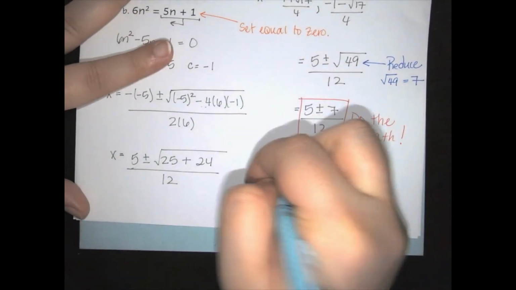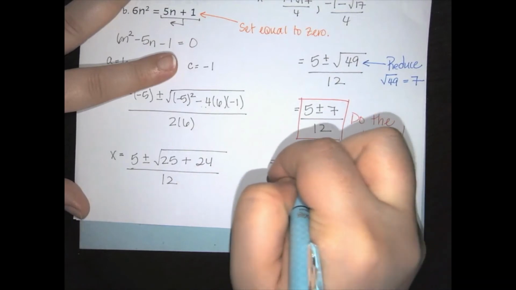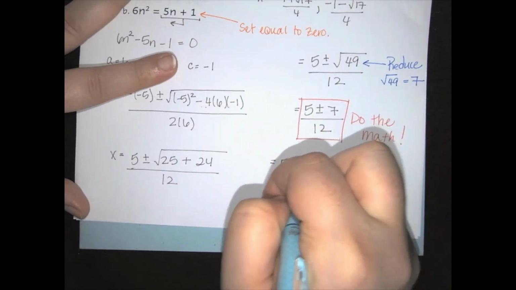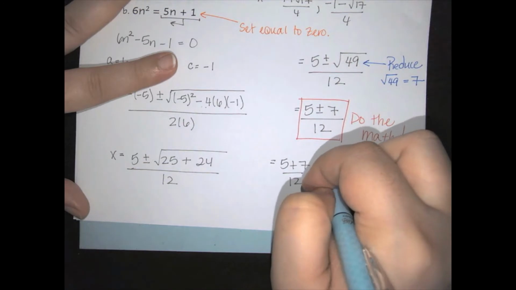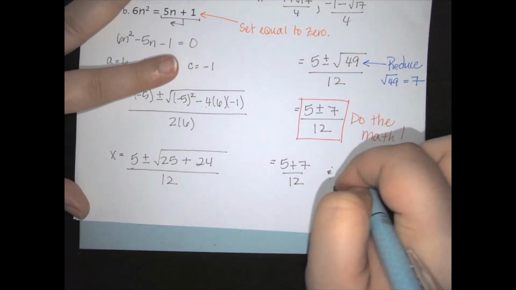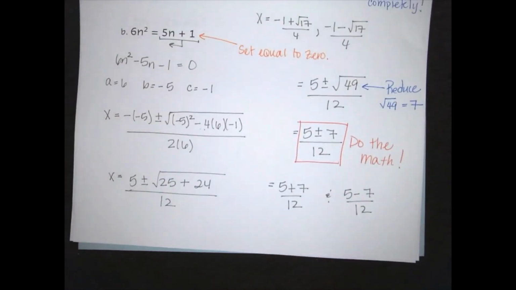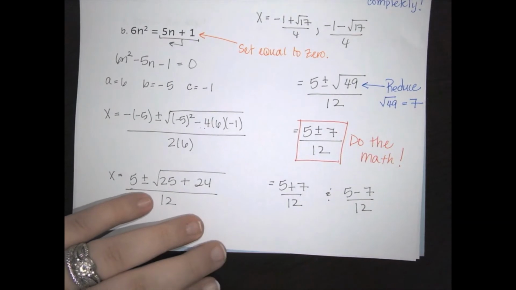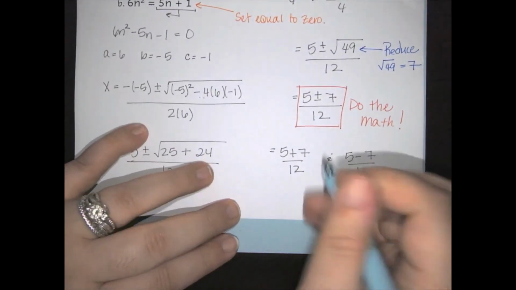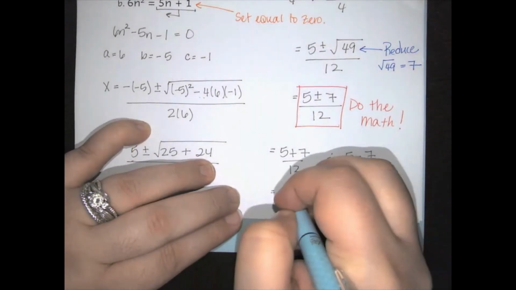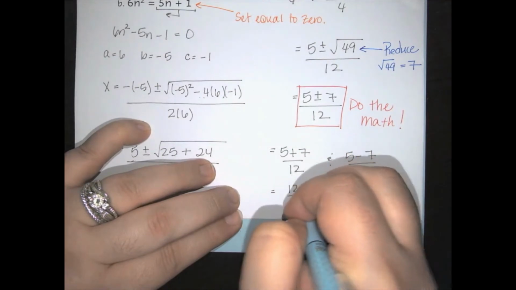So what that says is that we're going to have 5 plus 7 divided by 12 and 5 minus 7 divided by 12. So we have to actually do the math in both cases. So here we have that 5 plus 7 is 12, so this is going to be 12 over 12.